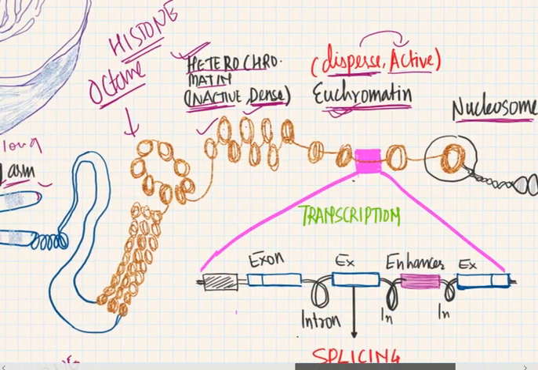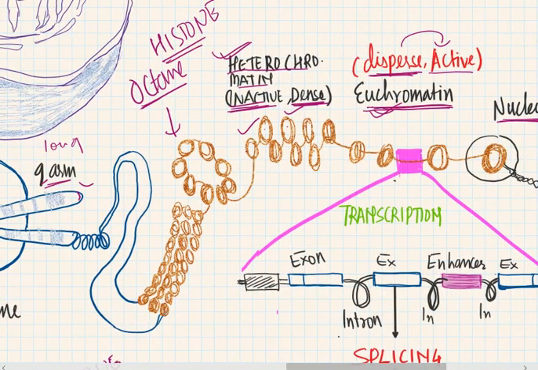Then the histone molecule is there. This is an octamer, it contains 1 2 3 4 5 6 7 8, 8 means octa. These histone molecules condense more and form the Q arm, or chromatid. Up to this you know.